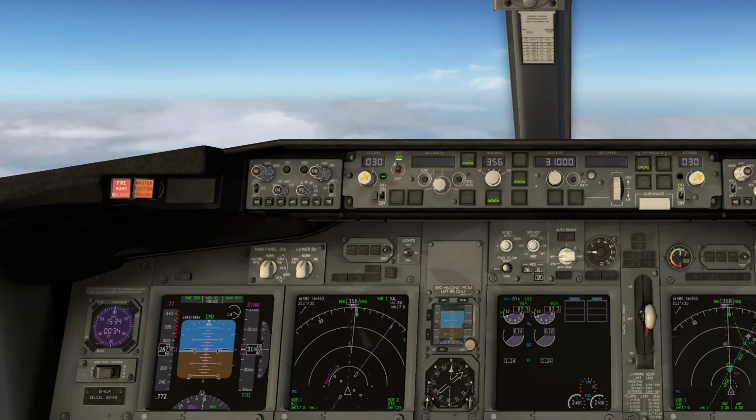So the waypoint after Dijon is Respo, and that will be on the Dijon 030 radial at 39 nautical miles. After that we will turn right on 056 degrees to Pogol, and Pogol will be on the Strasbourg 078 radial at 36 nautical miles.